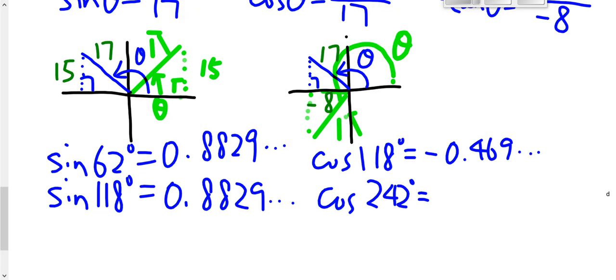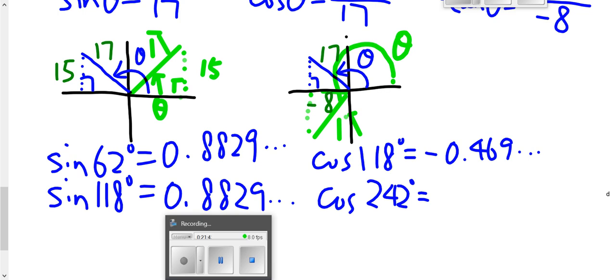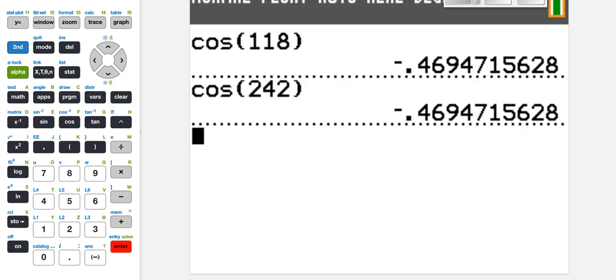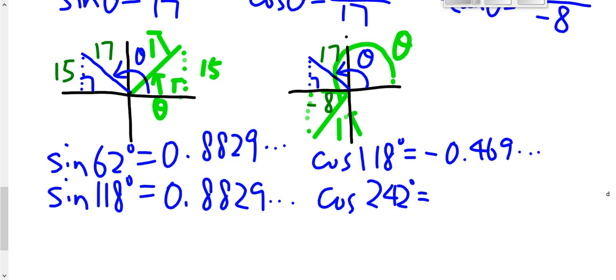Again, your calculator is smart enough to use CAST and also look at the reference angle, but it is still enough to confuse you. So look at this, exact same value here, 0.469, even though these two angles are totally different values.